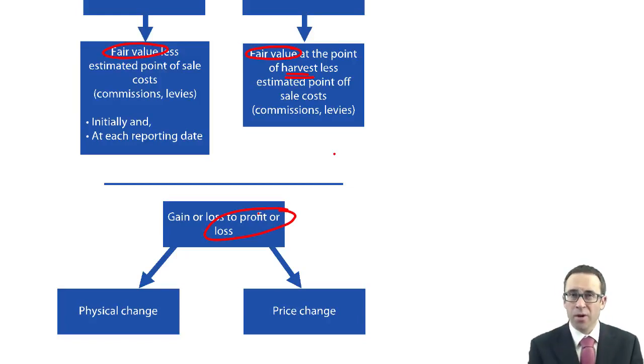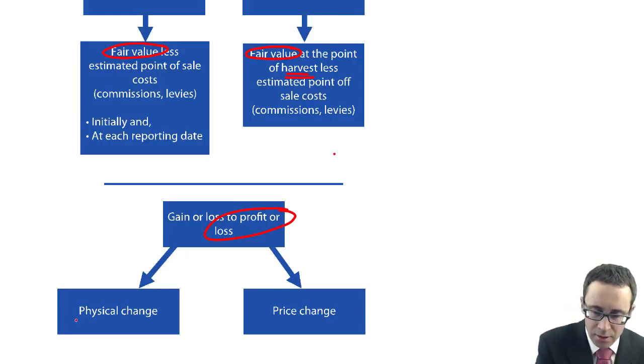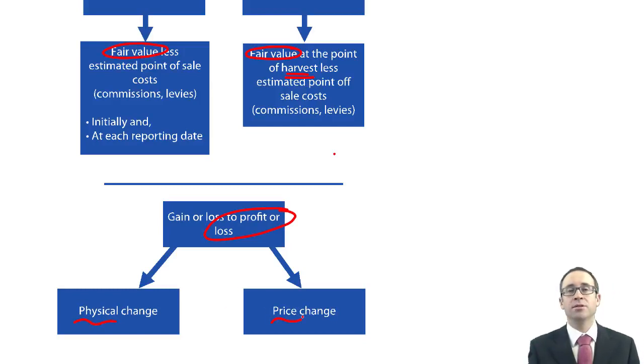You could, if you so wish, and it's entirely up to you, make separate disclosure within the notes to the accounts about how that gain or loss has arisen due to a physical change in the biological asset and a price change within the biological asset. Because if we're valuing that biological asset at each reporting date, then each year it will be one year older, won't it?